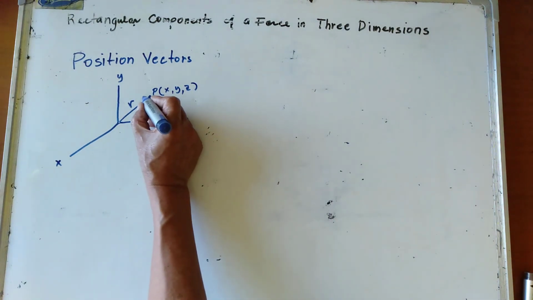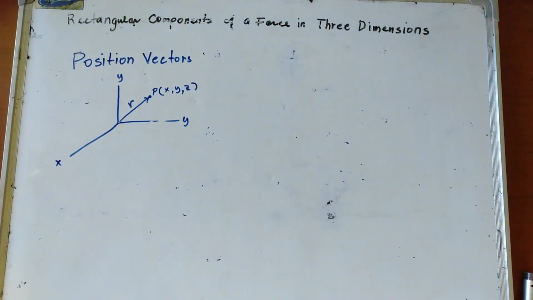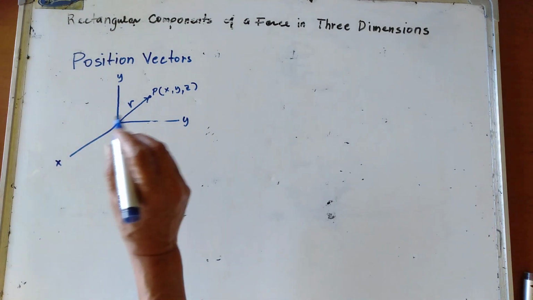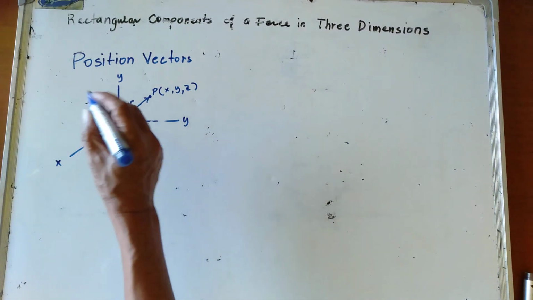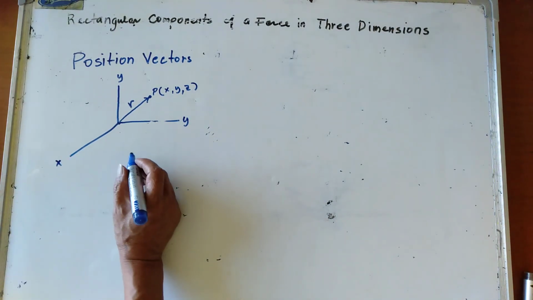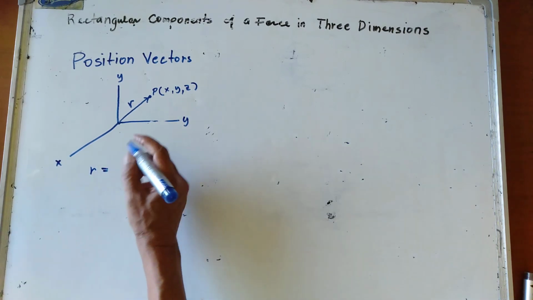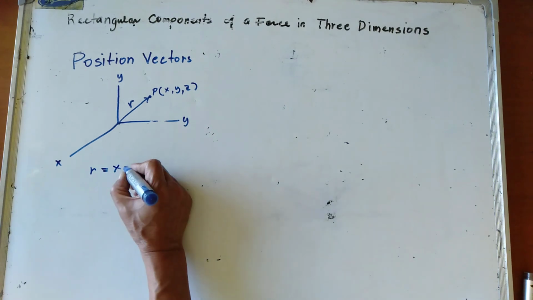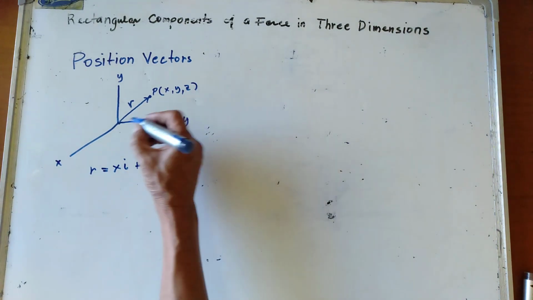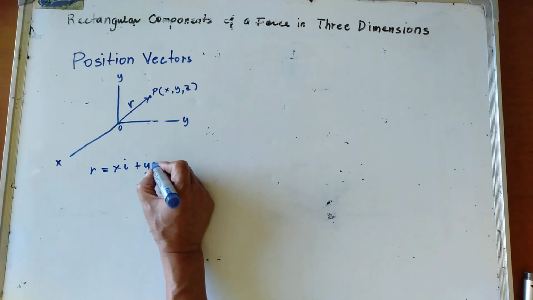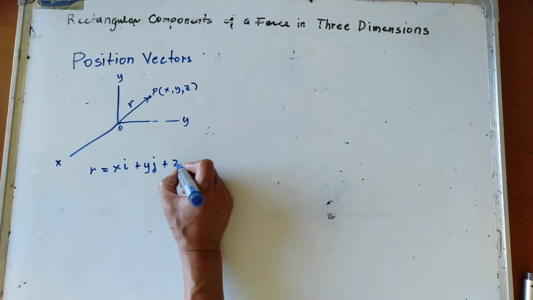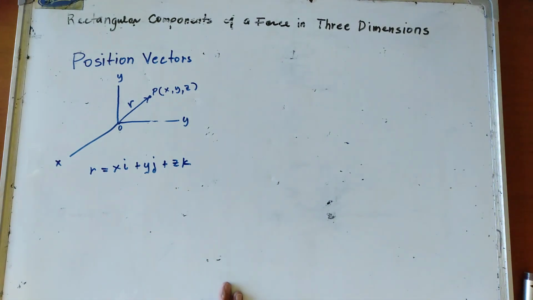It is designated by R. So in Cartesian form, the position vector R is equal to (x minus 0) i, so that is xi, plus (y minus 0) j, so yj, plus zk.